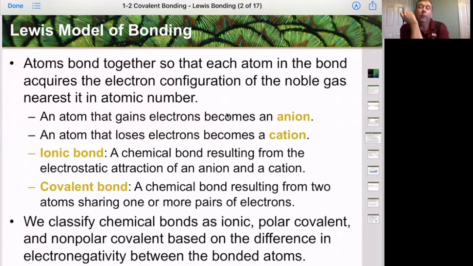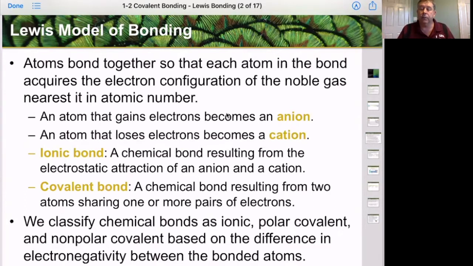One way to do that is to lose or gain an electron. For example, lithium only has 1 electron in its outer shell, so it's easier for it to lose that electron and become positively charged. If we lose an electron, we no longer balance the number of protons inside, and we come up with a cation, or a positively charged ion.